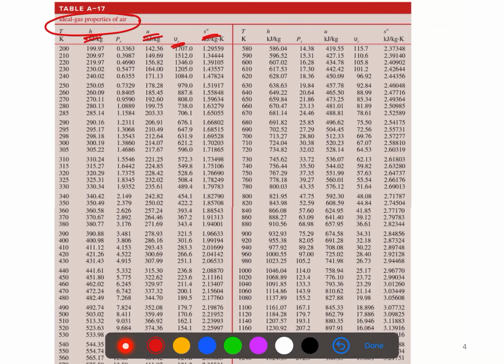For the initial state, remember the temperature is 290, so this is the value, and we can say this is S1 naught. For the final state, the temperature is 330, so this is S2 naught. So we have these two values, S1 naught and S2 naught.